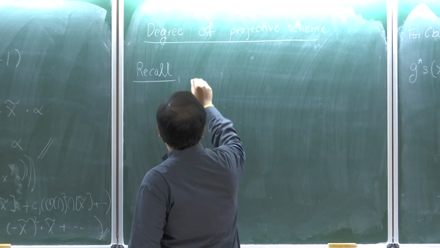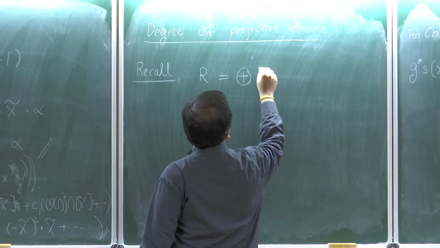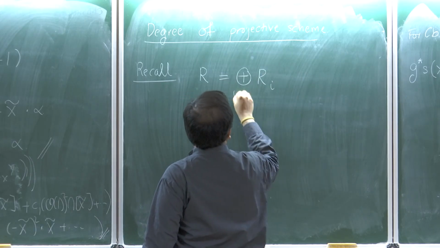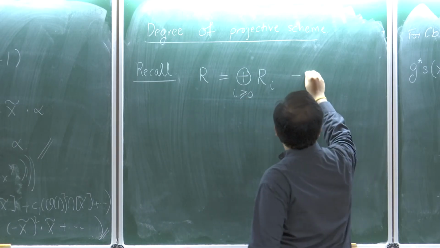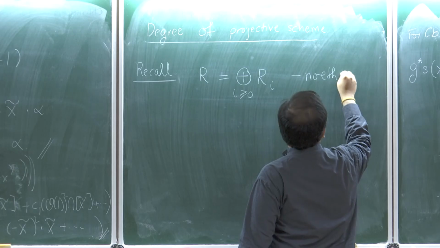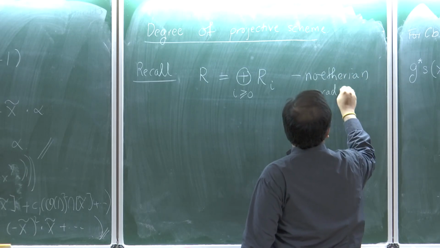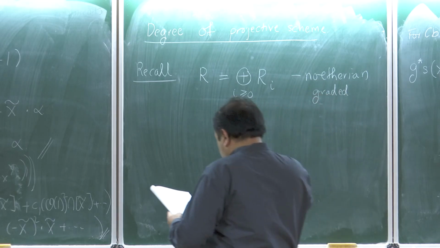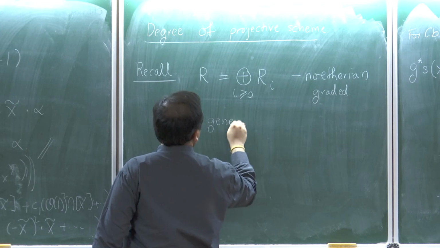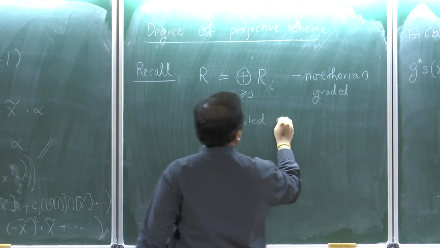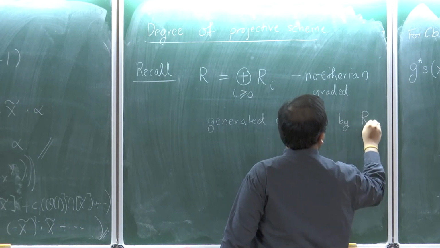So if R is a graded ring, R = ⊕ R_i for i greater than or equal to 0, a graded commutative Noetherian ring, and it is generated over R0 by R1.